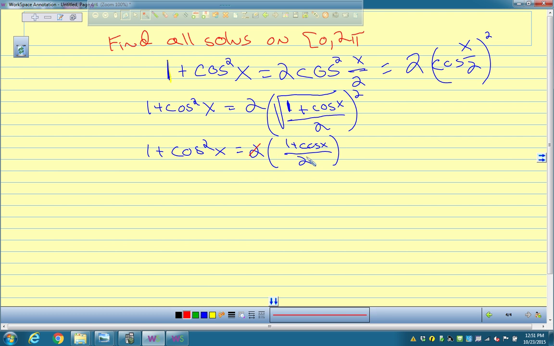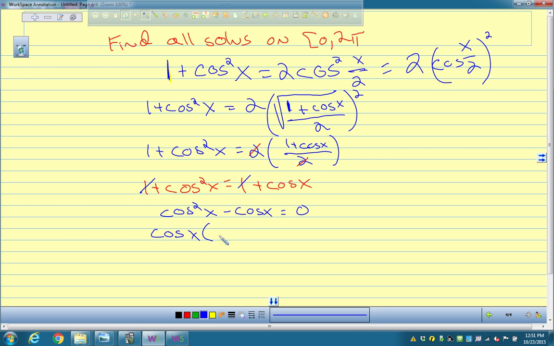Those go away, right? And so now I have 1 plus cosine squared x equals 1 plus cosine x, right? And then I can get rid of these 1's, and I get everything on one side, cosine squared x minus cosine x equals 0, and then I factor out a cosine x.